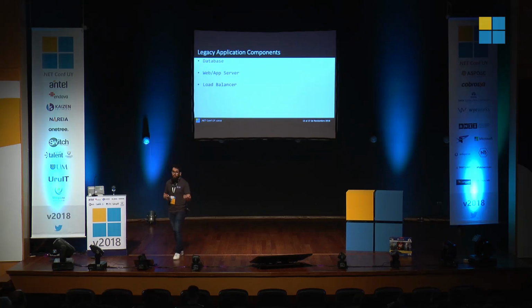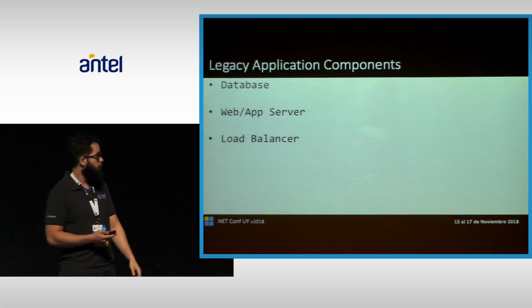But when we speak about legacy applications, they have a common architecture, a common design, that's the three-tier. Normally it's one or several databases: you have the database tier, you have the web or app server tier, and you have load balancers that you need to scale your application. And that's what I'm going to focus on today. Okay?